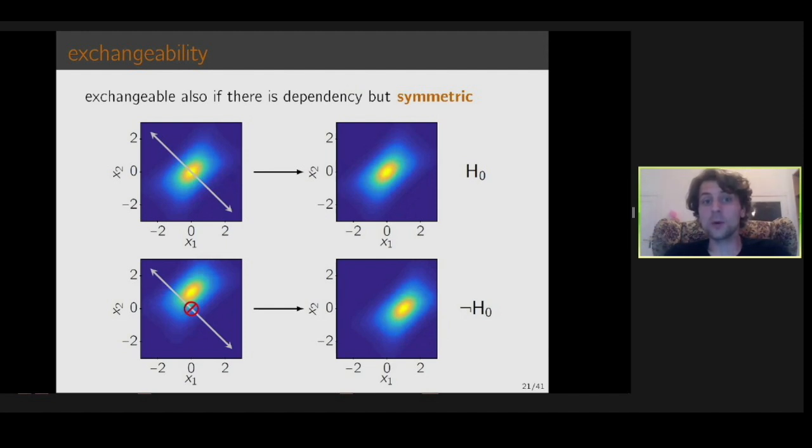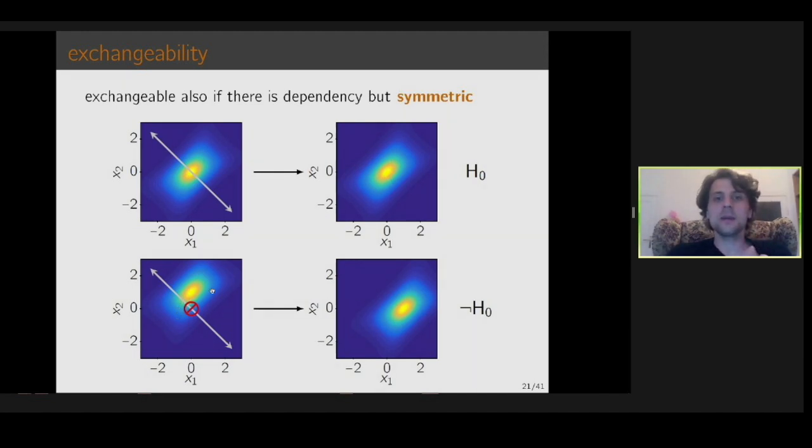Exchangeability can also be there if there is a dependency between variables, but this dependency has to be symmetric. For example, here we have a positive covariance between x1 and x2, but the marginal distributions of x1 and x2 are still the same. So exchangeability does hold and the joint distribution remains constant.